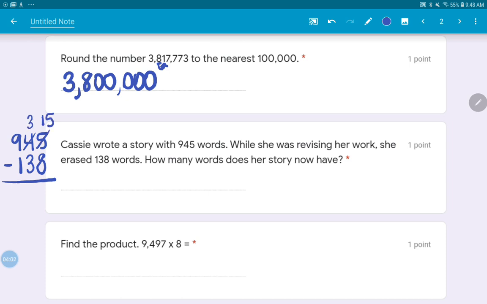It would get you 15, so you subtract 8 from 15, which would get you 7. And then you subtract 3 from 3, which would get you 0. And then 1 from 9 is 8. Very good. So her story now has 807 words.